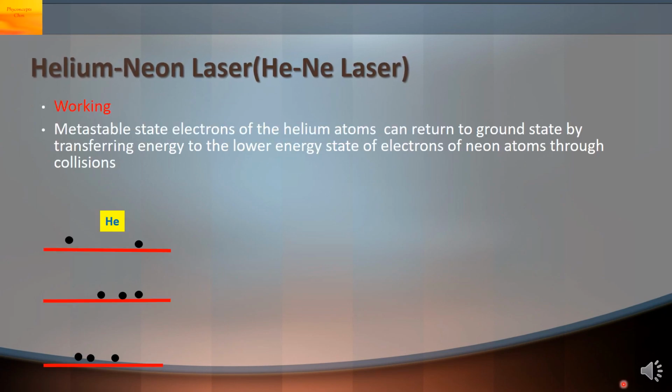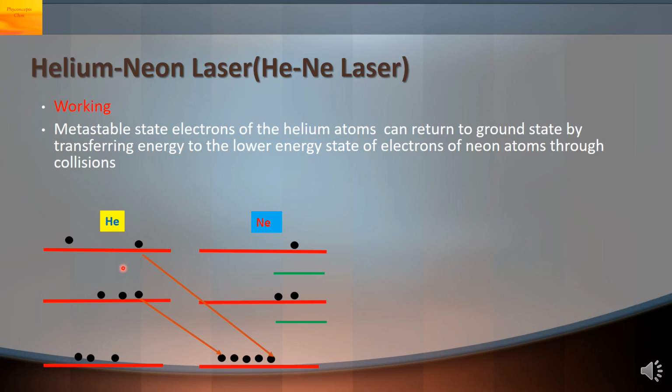The metastable state electrons of the helium atoms can return to the ground state by transferring energy to the lower energy state of the electrons of neon atoms through collisions. So here the helium atoms are returning back to the ground state.